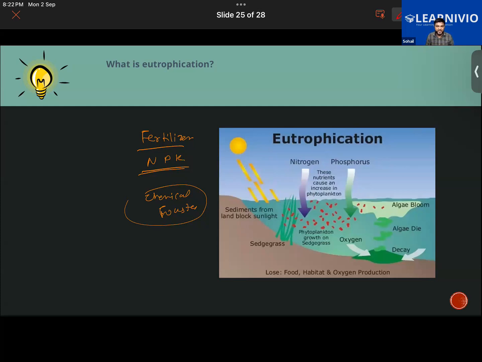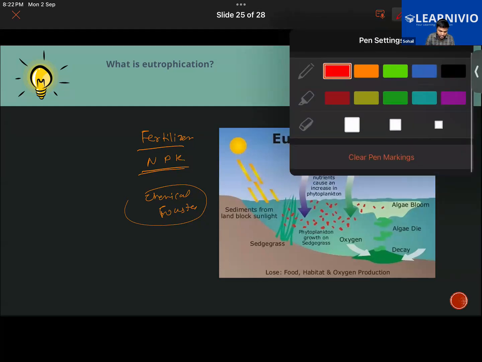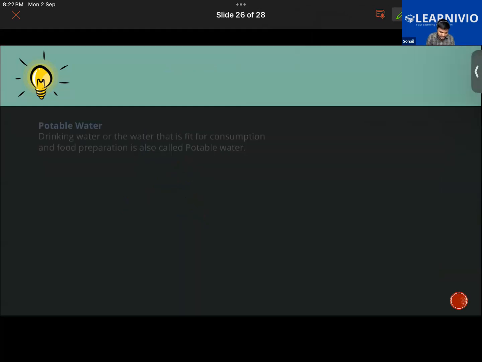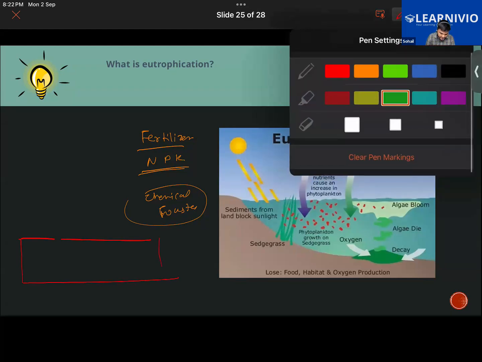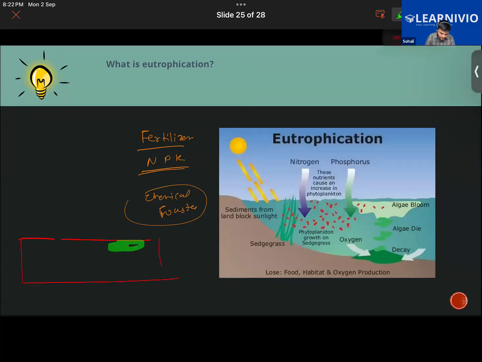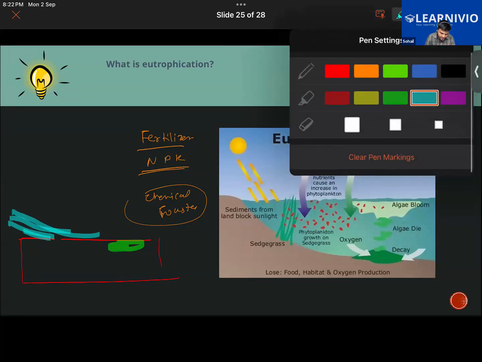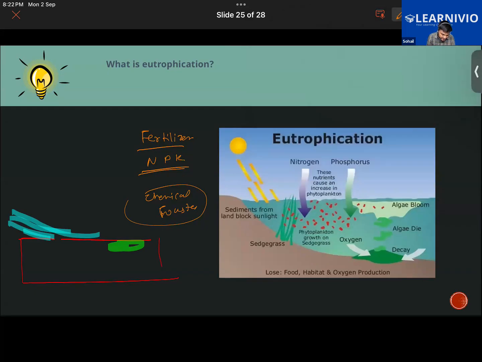As the number of alga multiplies, alga will require more oxygen. Try to understand this. Alga will require more oxygen from the water. See, this is an alga over here, and from the runoff water or other sources, waste containing lots of nutrients is released.